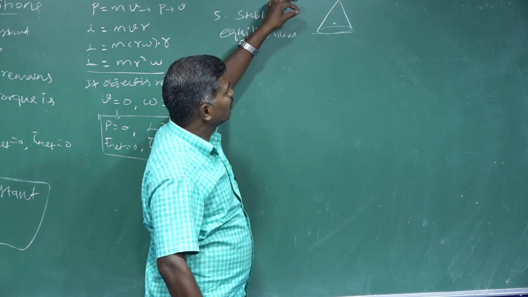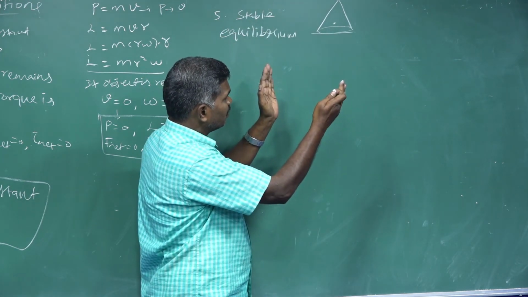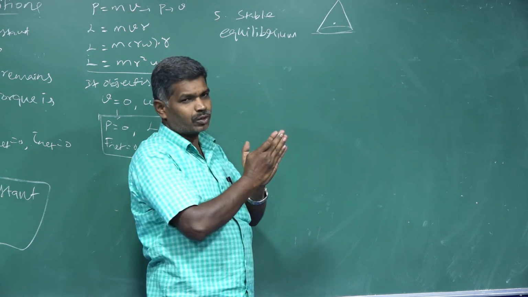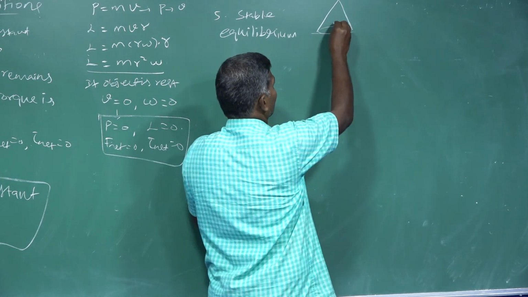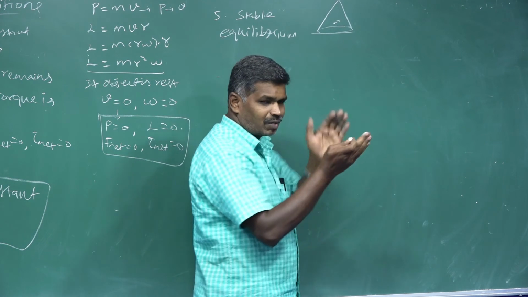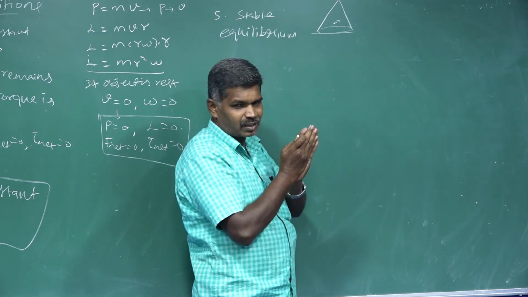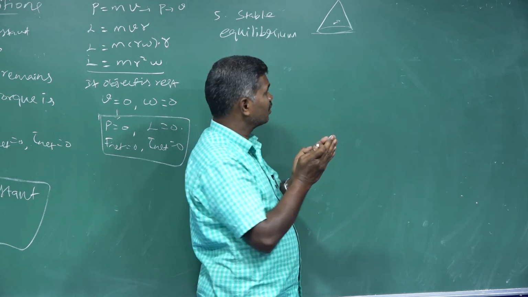If you slightly disturb this, the cone can be tilted a little bit and comes back to its original position. At the time of slight disturbance, the center of mass may move somewhat upward, even though it brings the cone back to its original position. That is, stability is finally achieved.